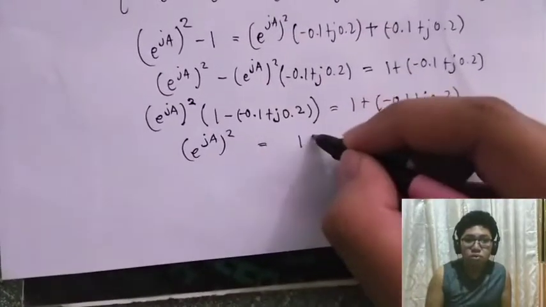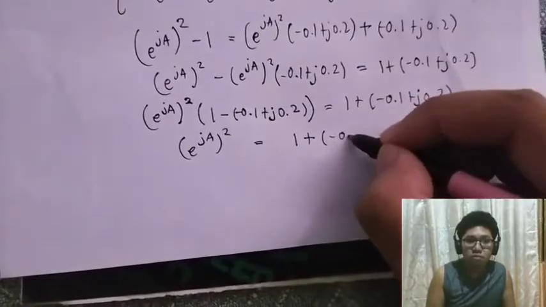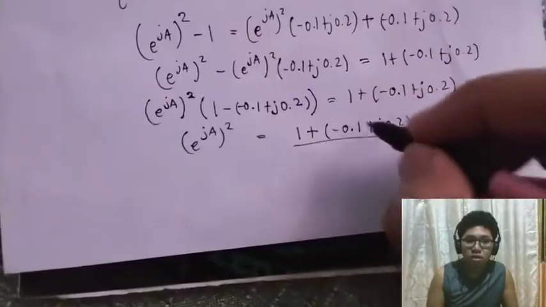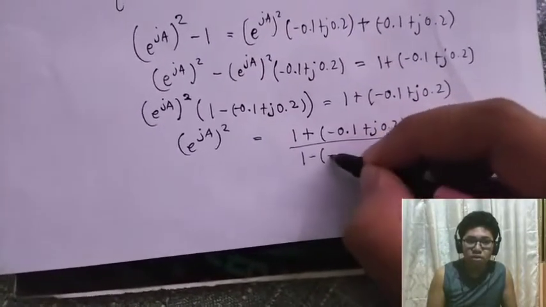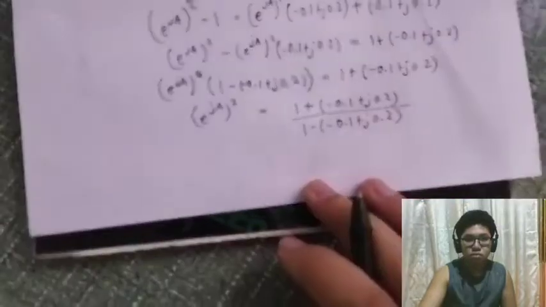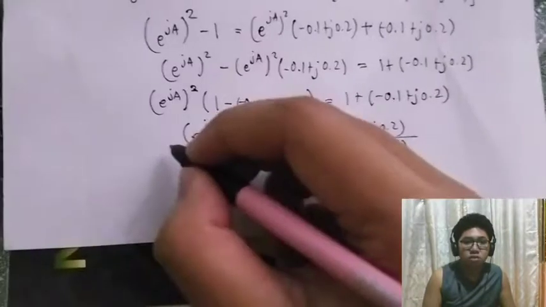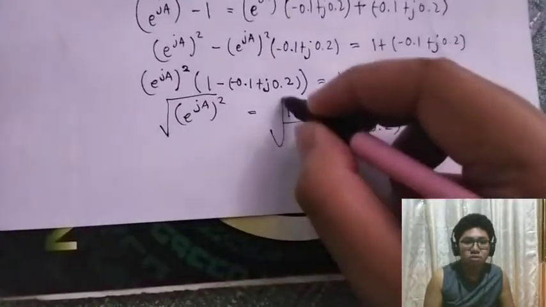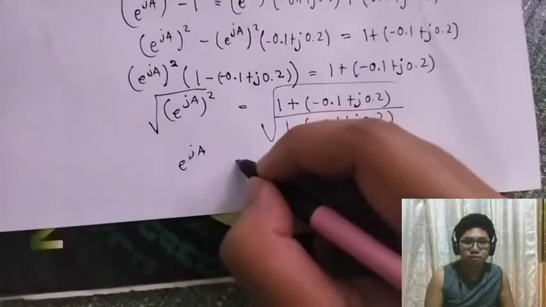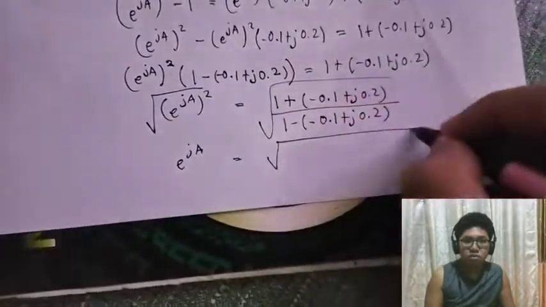Then we will divide both sides by 1 minus negative 0.1 plus j 0.2, and then we will take the square root of both sides, and that would be e raised to ja equal to the square root.